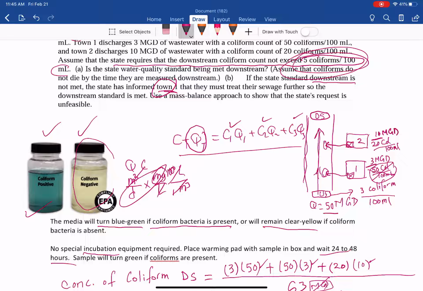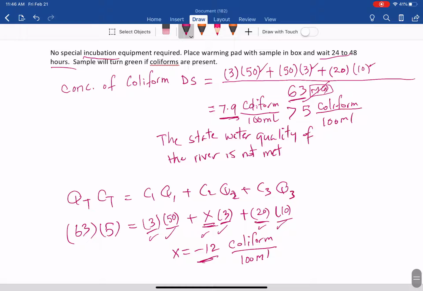So it's impossible for the state to force Town 1 to treat their wastewater.